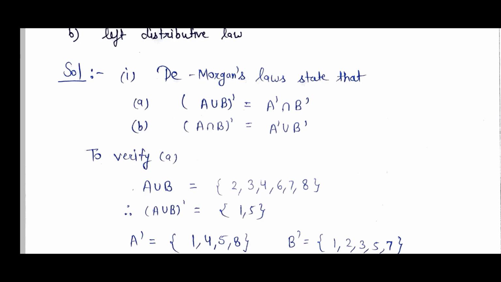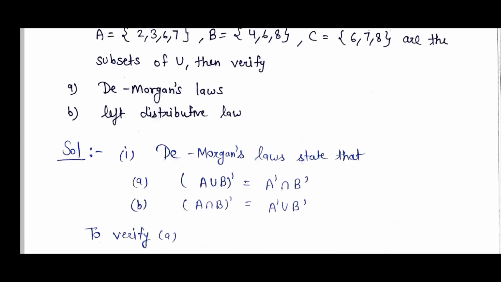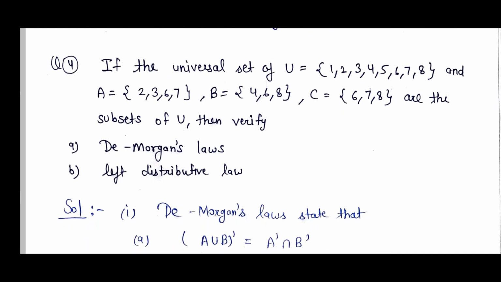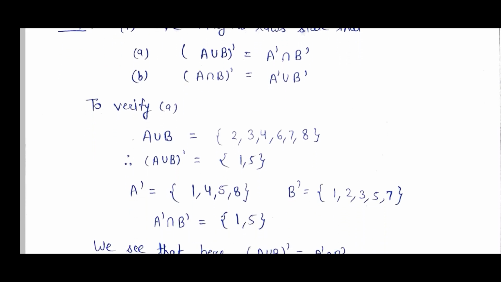All the numbers in the given A and B, without repeating the same numbers, form A union B. Now (A union B)' is the numbers not included in A union B from the universal set U, and 1 and 5 are not included in A union B.